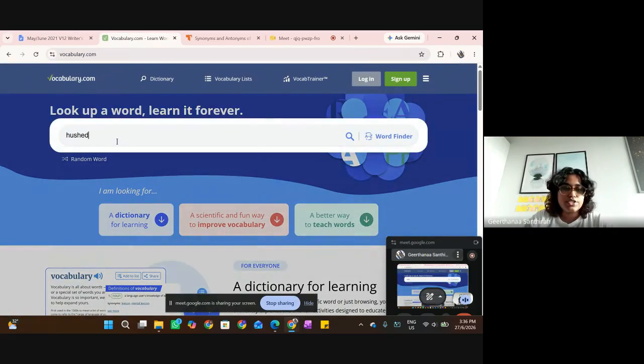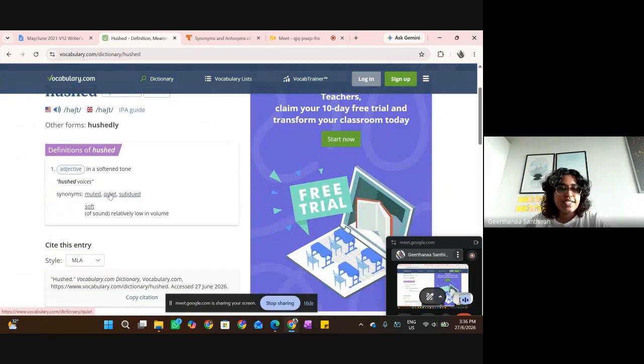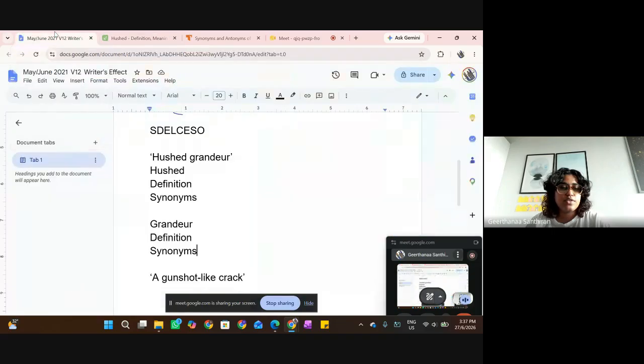So let's see, hushed. It says here, in a softened tone of sound, relatively low in volume. Okay, so I can write that down for my definition: a sound that is relatively low in volume and in a softened tone.